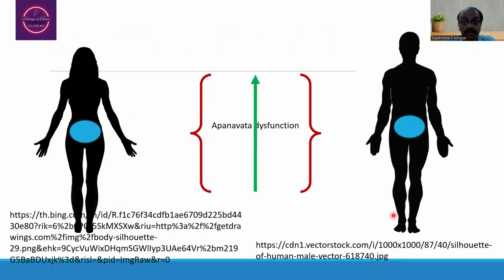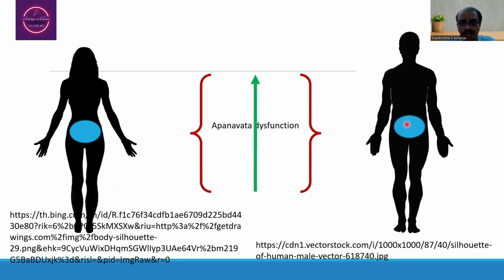Now, its application aspect. When you think about the human body, this is considered to be the normal location of Apana Vata. When there is Apana Vata dysfunction, there may be a possibility of excessive movement in the downward direction, or of movement of this Apana Vata in the upward direction.